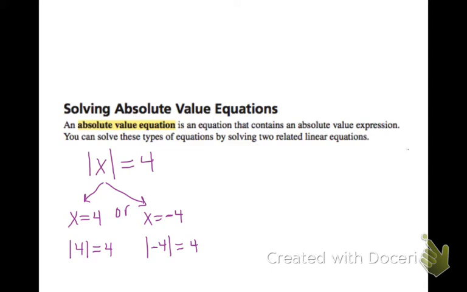These are two linear equations. x equals 4 is a vertical line, so we could have that when we talk about these two related linear equations.